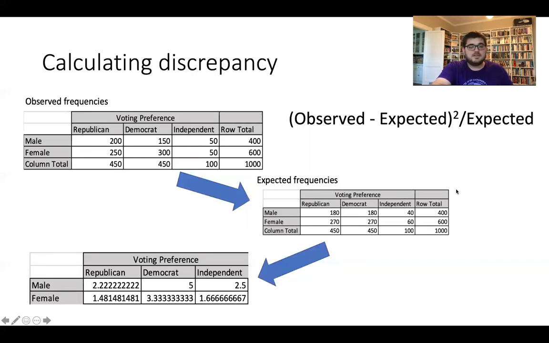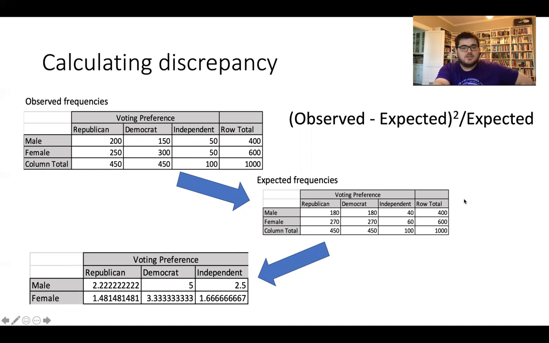Next, we need the discrepancy. So I already noted, once you have the amount of people in each category you would expect to see if the null hypothesis is true, now you need to know what's the distance, how far away are the observed actual frequencies and the frequencies you'd expect to see if the null hypothesis is true. Now, you don't just take the raw differences, like there are in fact 200 Republican men, but you'd only expect to see 180, so that's a 20-person difference.